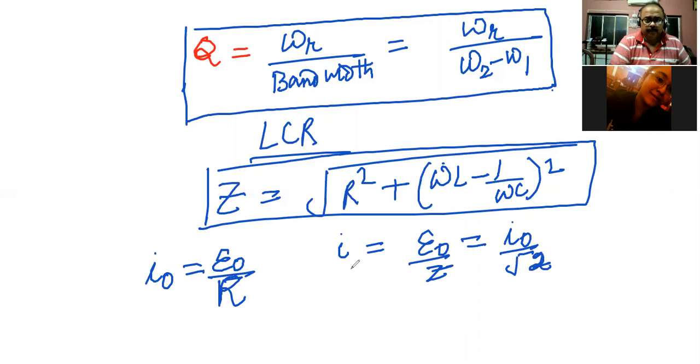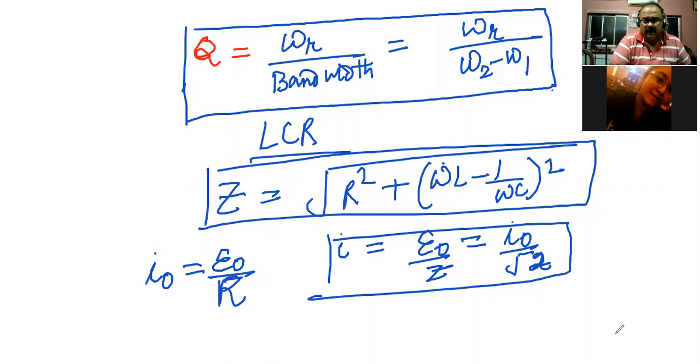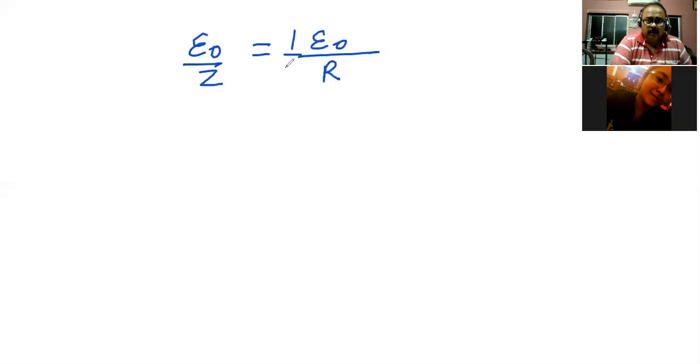So if I put these values over here, E naught by Z is equal to E naught divided by R times 1 by root 2. So E naught and E naught get cancelled, and we get Z equal to root 2 times R.